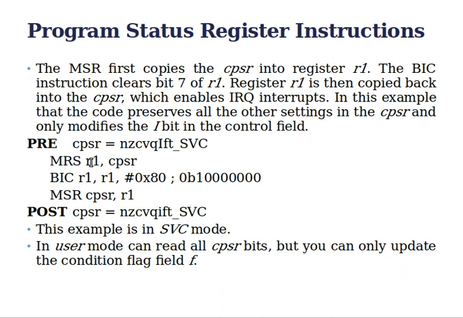Okay, so without much delay, what we are doing here is trying to manipulate one of the bits of the current program status register. That's why we've used BIC, which stands for logical bit clear. To understand this clearly, let's work it out together.